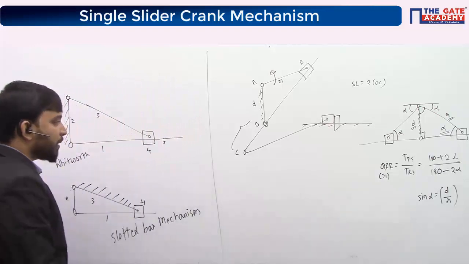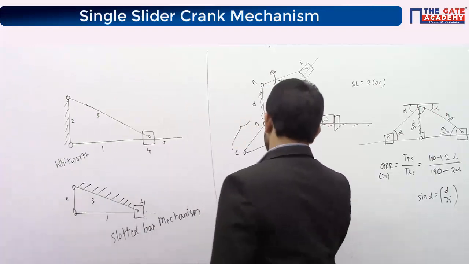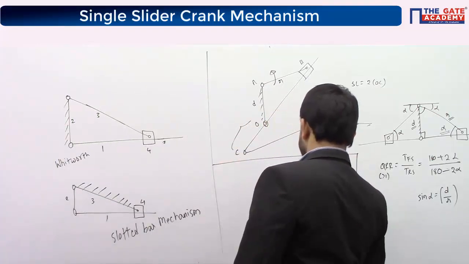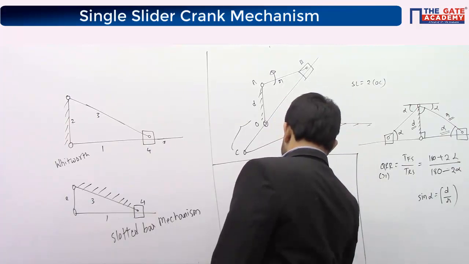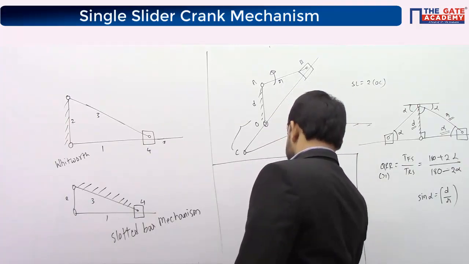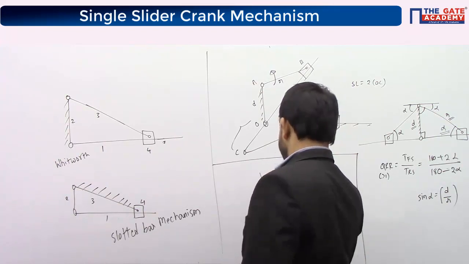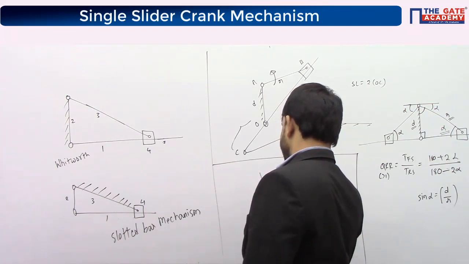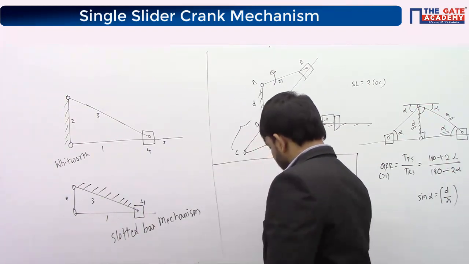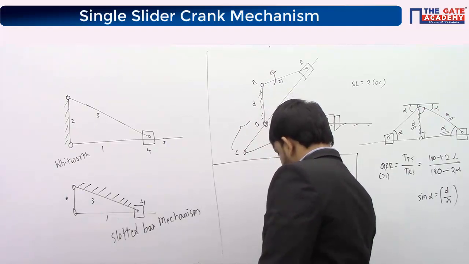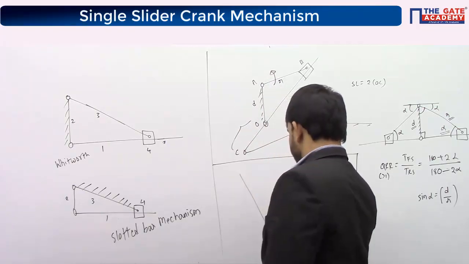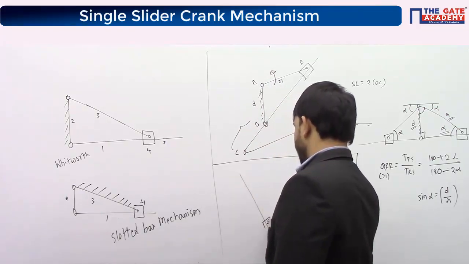If you look at slotted bar mechanism, this is the length of fixed link. These are the 2 extreme positions.